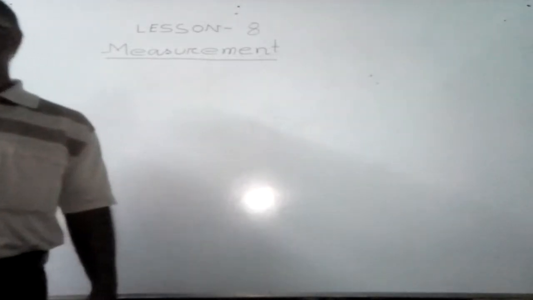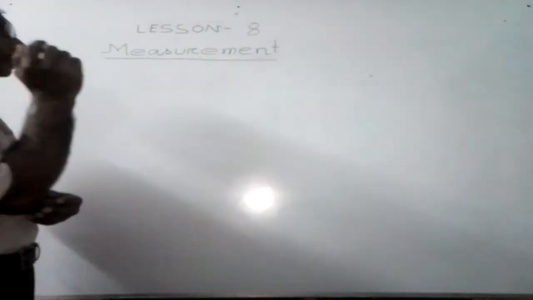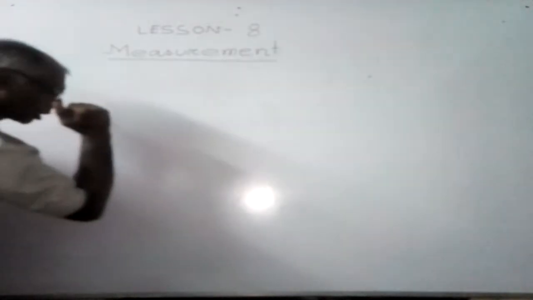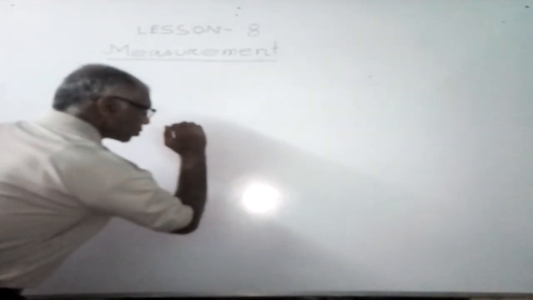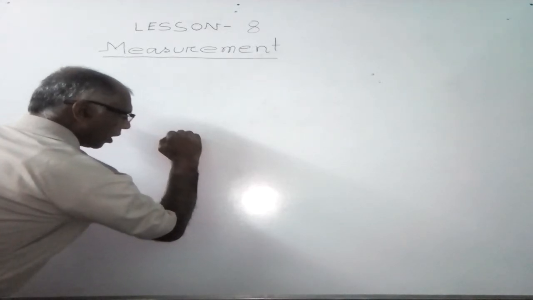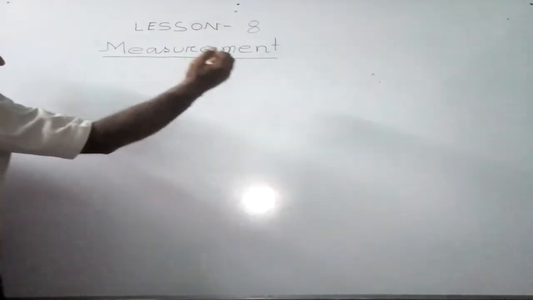Now here you see another way, that is called cubit. You are just observing. If I do this, let me show you how to find it out. I can count it this way: 1, 2, in this manner. This is called what?